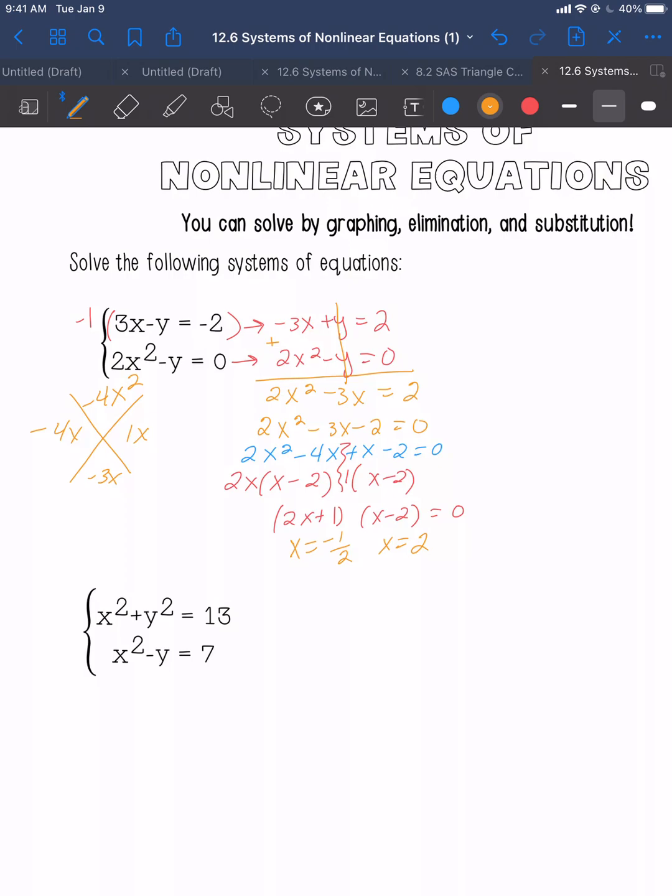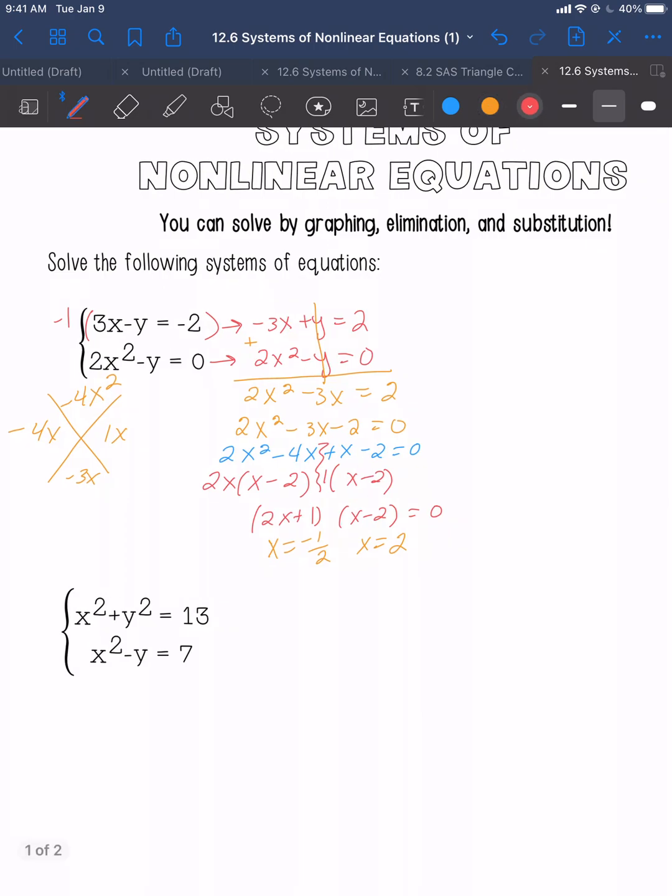We now want to plug those back in to our equation so that we can determine the y values. So we'll keep in mind that we have those. When x is -1/2, we have 3 times -1/2 minus y equals -2. So y is going to equal, let's see, -1.5 plus 2.